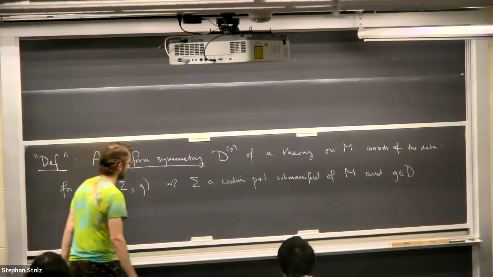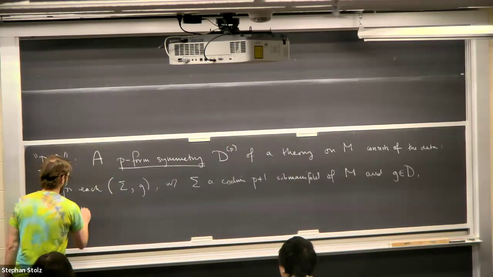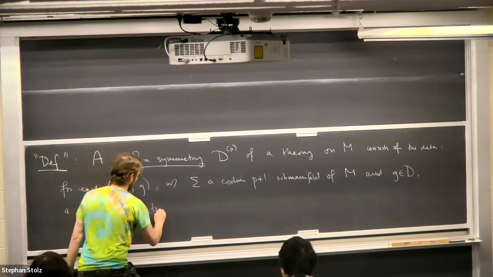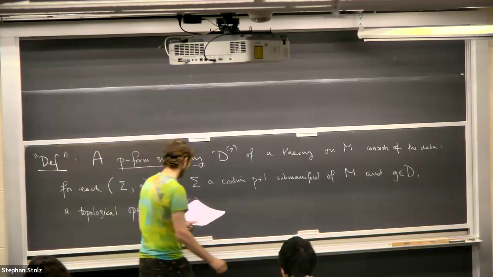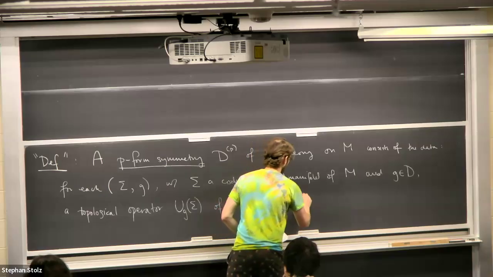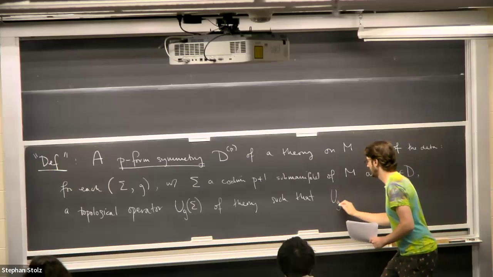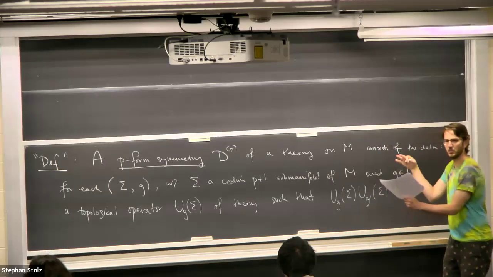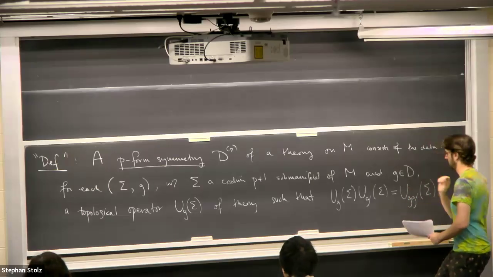Each such pair gives a topological operator, which they like to write like this, on the theory, such that if I take the same surface and label it by g, and I multiply it by g prime, same surface or really close by surface, multiply them.